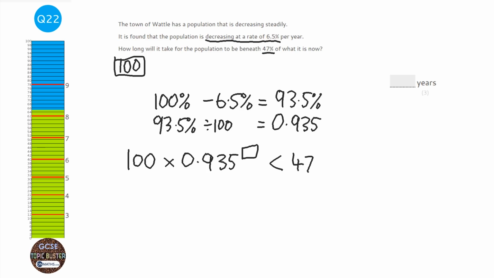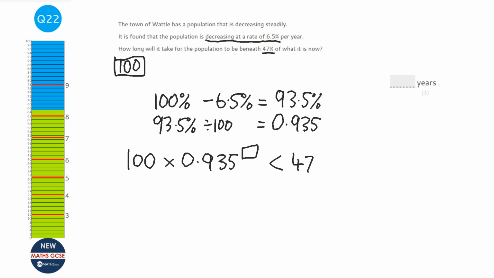Now what I do on my calculator is I type in 100 and I times by 0.935 and I get the answer of 93.5. Now what I'm going to do now, and that's one time, what I'm going to do now is press answer times 0.935, and what that will do is allow me to go through this same calculation as many times as I want by just pressing the equals button.